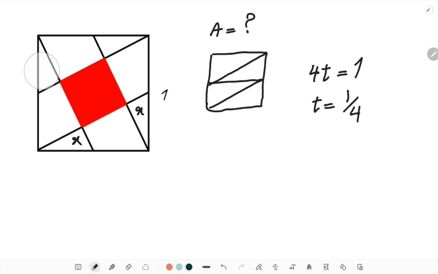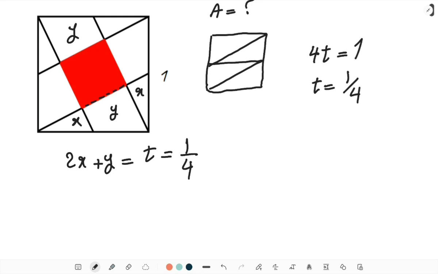And I define the area of this part to be y. And obviously this is also y. And clearly I can say 2x plus y equals the area of one triangle, which is 1 over 4. I just need one more relationship between x and y, then I can already find x and y. How can I do that?